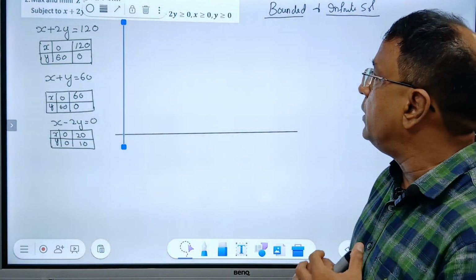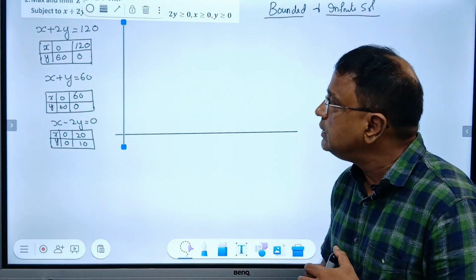The maximum value of x is 120 and the maximum value of y is only 60.